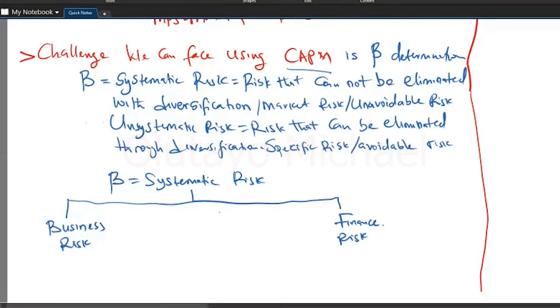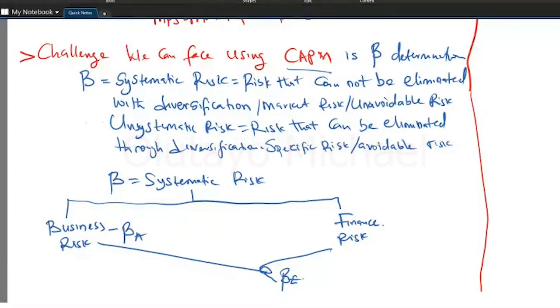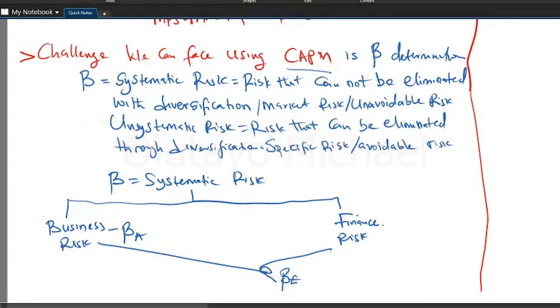So, if I may increase the volume, business risk is represented by beta of asset. All right, because everything we do here has to do with symbols. We can represent it with symbols. While business and finance risk can be represented with beta of equity. We have beta of assets, we have beta of equity, and we also have beta of debt.